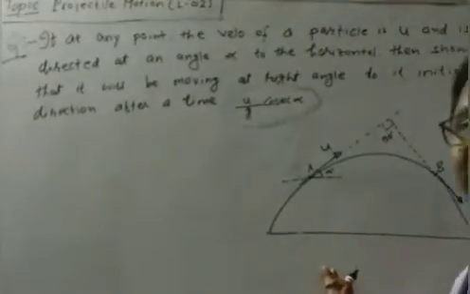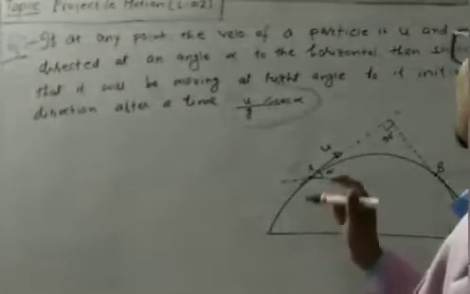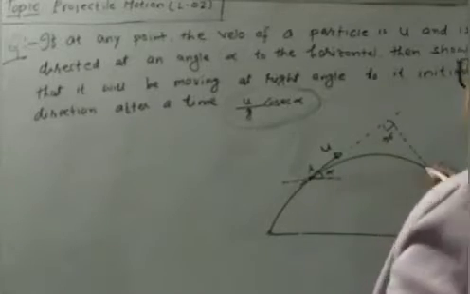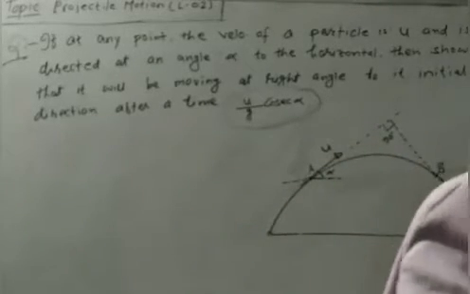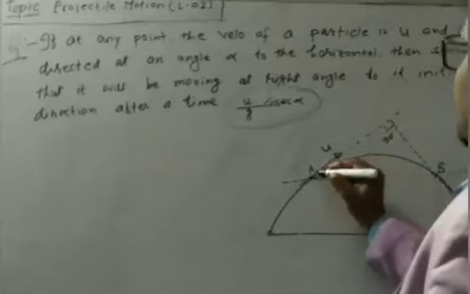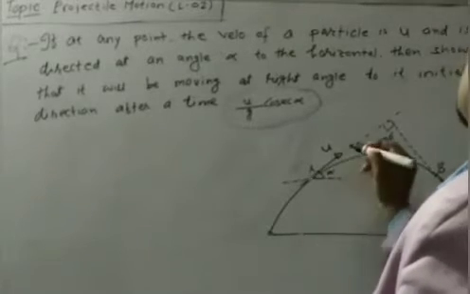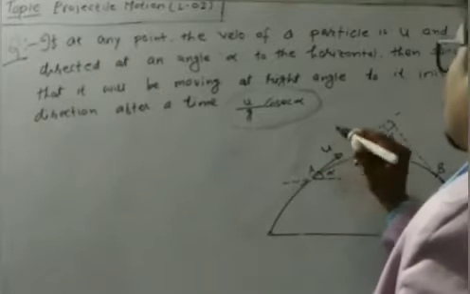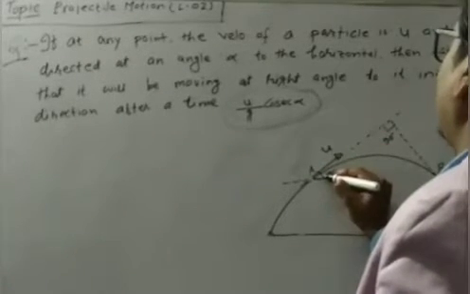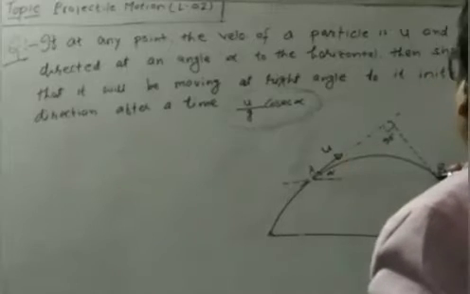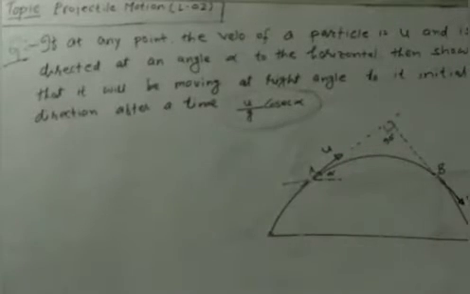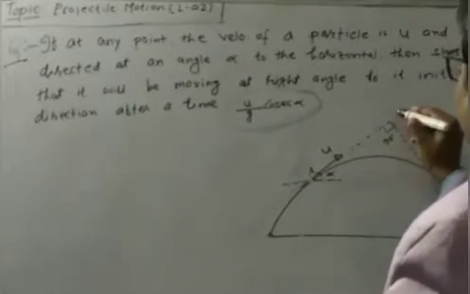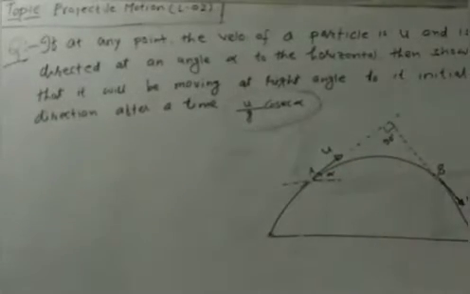Here is the problem diagram of this question. This is a path of trajectory for a projectile, and let us suppose at point A of its path, its velocity was u making an angle alpha, and at point B its velocity is v, so that the angle between the initial direction and final direction is 90 degree here.